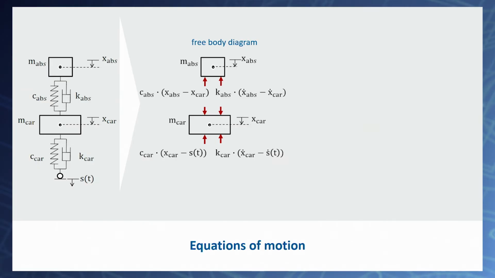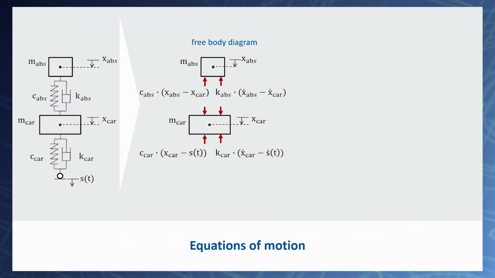And here you already see that when we are looking at the absorber mass, we have a spring force and a damper force, and both are determined through the coordinates that describe the motion of the absorber mass and the motion of the car body itself. Of course, you also know that those forces that are acting onto the absorber mass can be found again as forces acting on the car mass, but of course the direction of the forces is just the other way around.